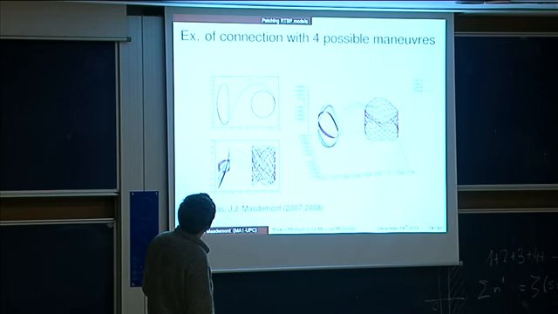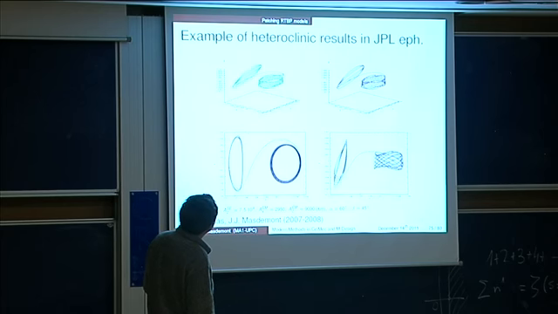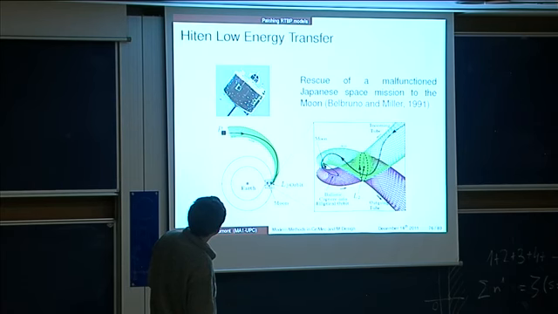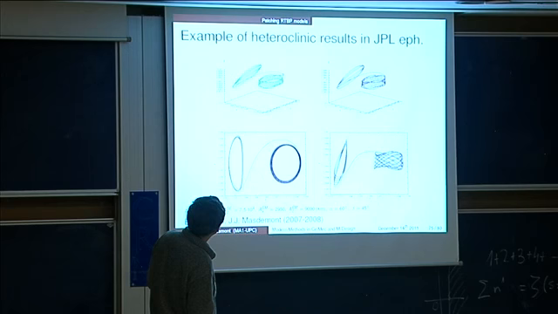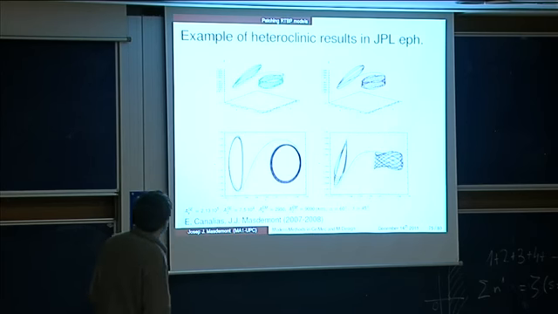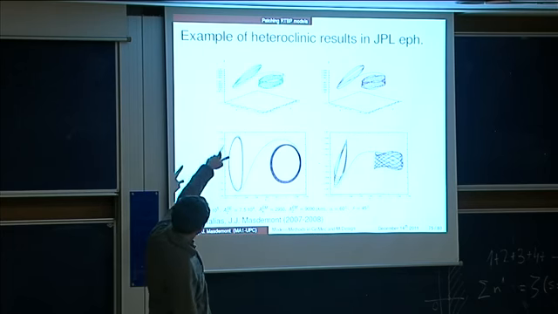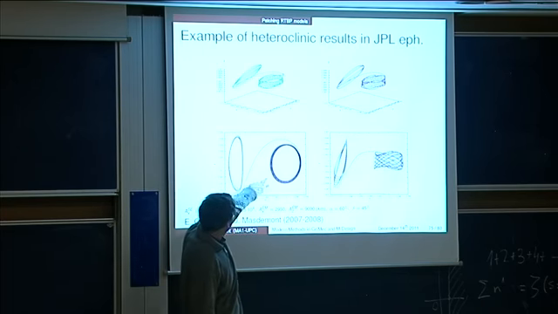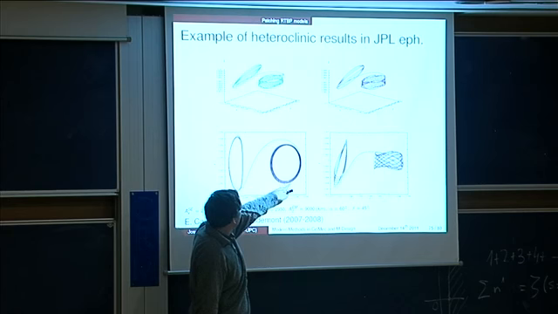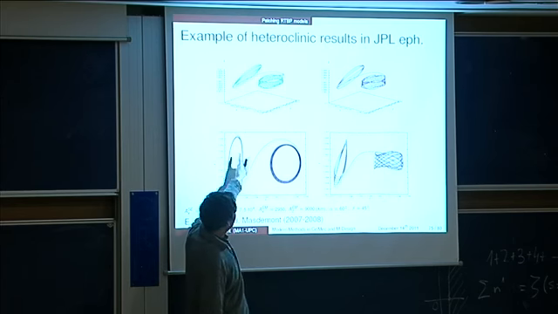I'm going to show you just some computations about this kind of orbits. We have a heteroclinic orbit from a libration point orbit about the Moon and a libration point orbit about the Earth.